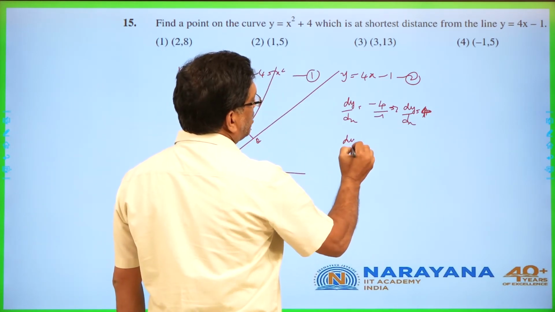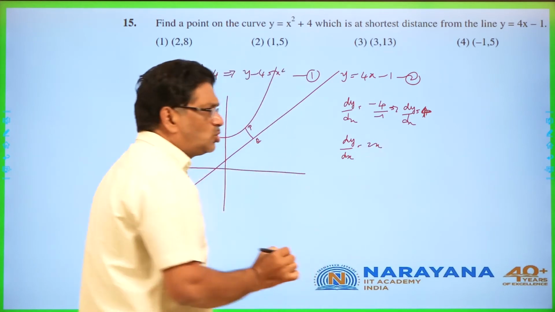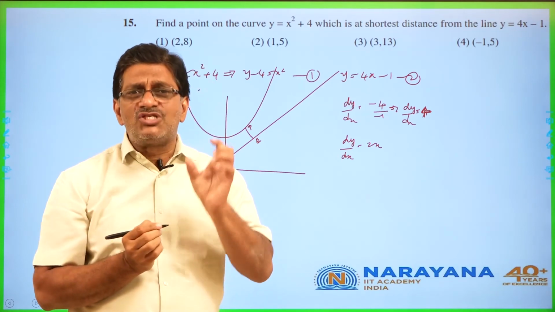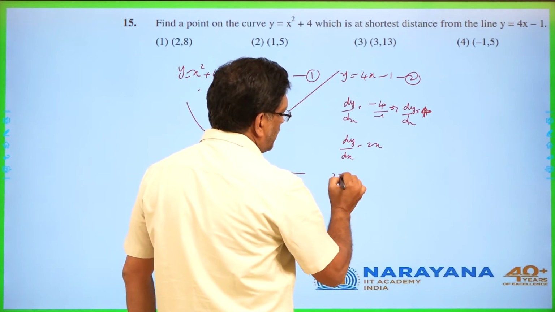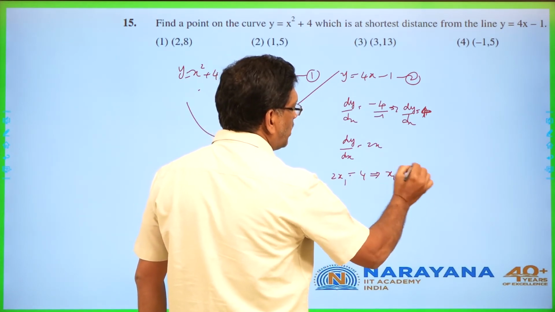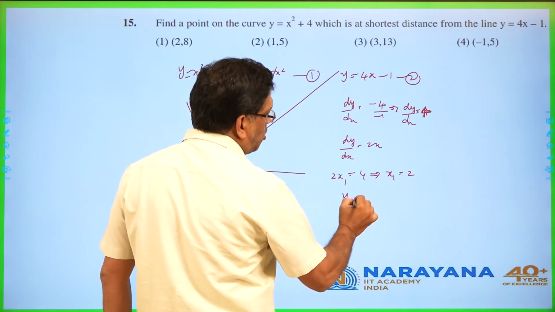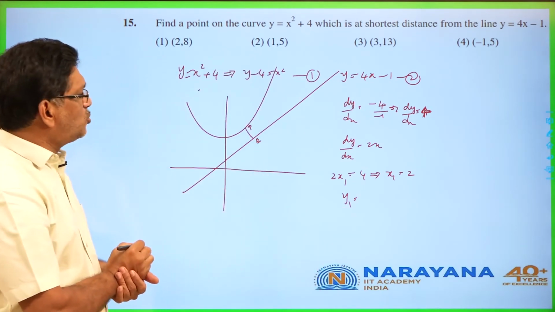What is dy by dx for the parabola? dy by dx equals 2x. If the shortest distance has to occur, slopes must be equal. That is 2x equals 4. That is x1 equals 2.